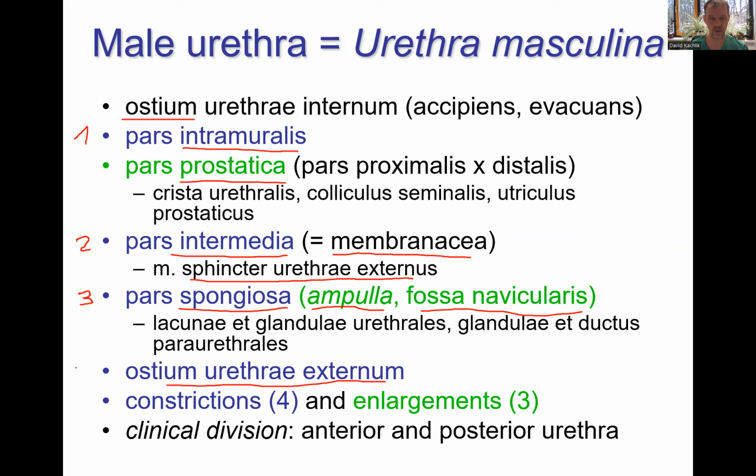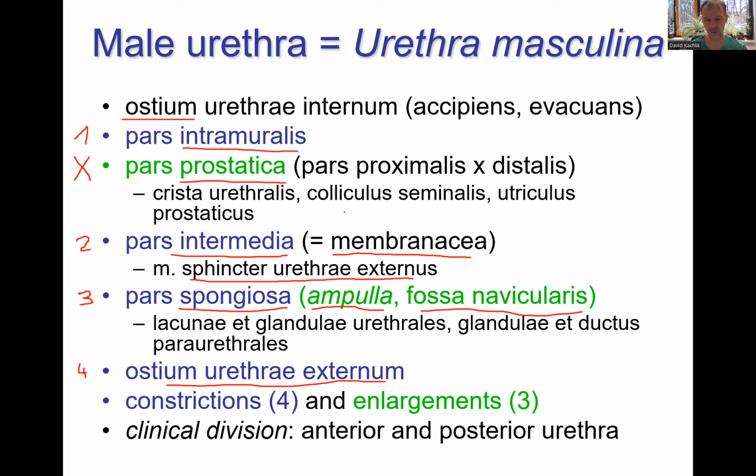And then the opening at the very end of glans, the external ostium of urethra. Of course, there are 3 enlargements: prostatic part, ampulla, and navicular fossa, and the prostatic part can be the most narrowed part in old males.